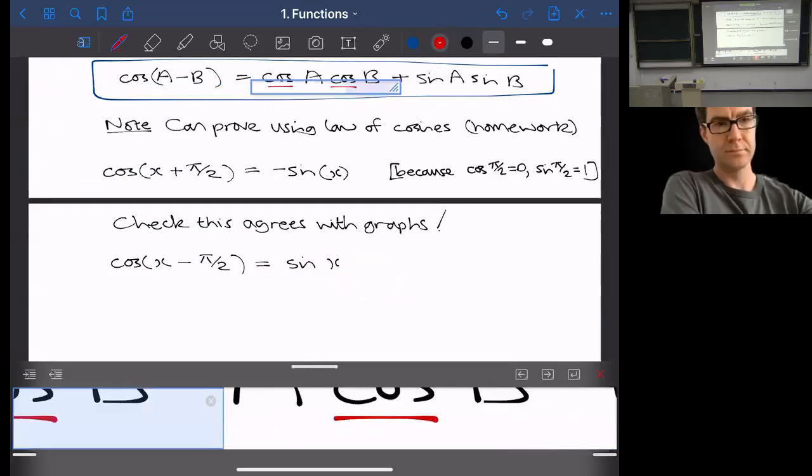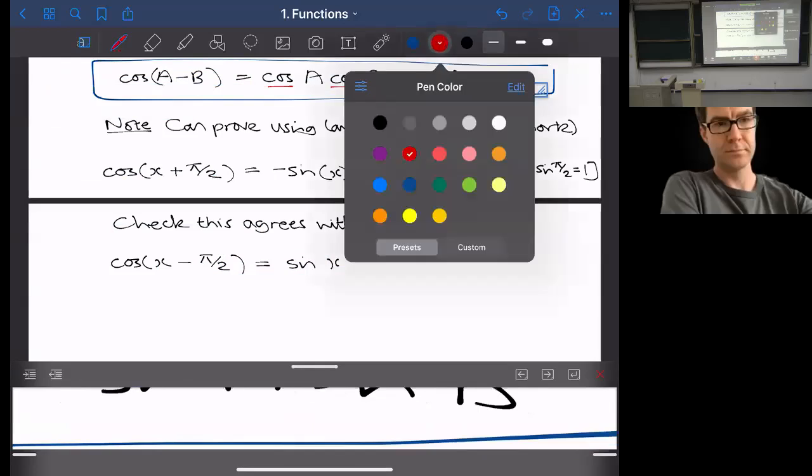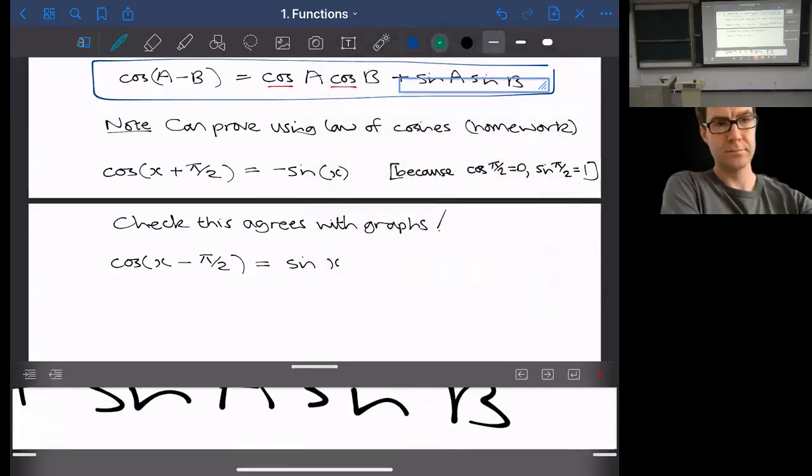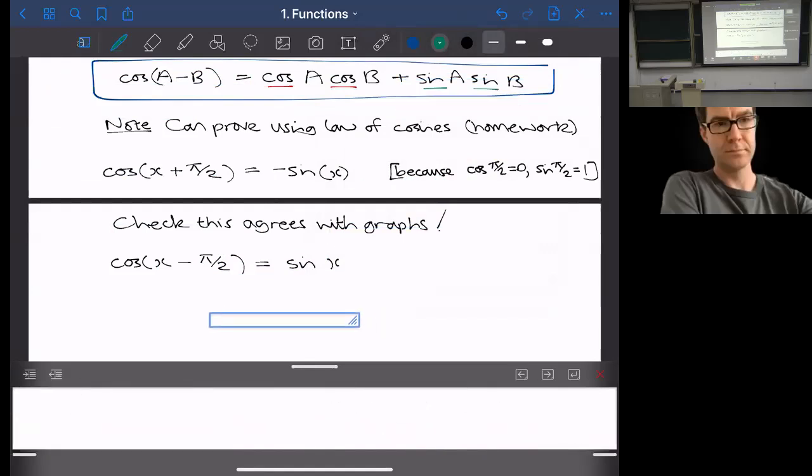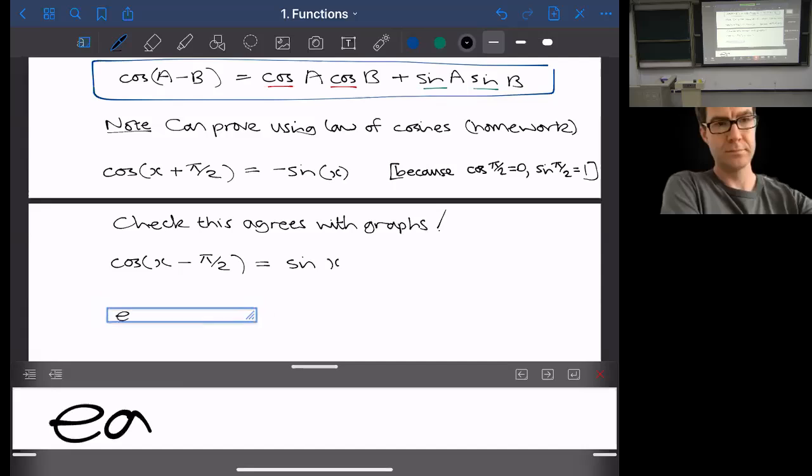But it's a nice pattern. So, 2 cosines and 2 sines, like that.